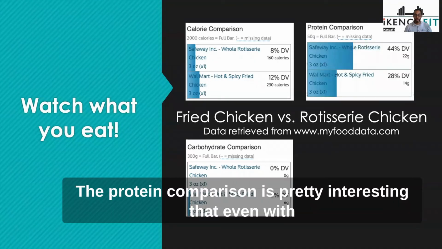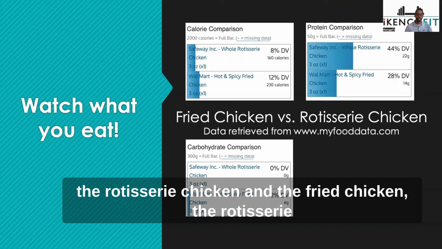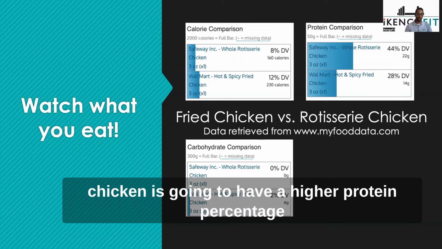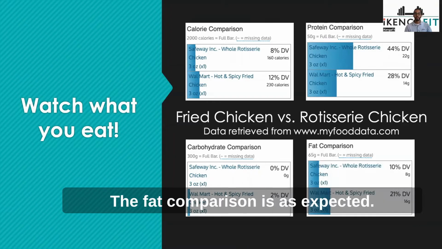The protein comparison is pretty interesting. Even with the same quantity, 3 ounces of rotisserie chicken and fried chicken, the rotisserie chicken is going to have a higher protein percentage compared to the fried chicken. The fat comparison is as expected.